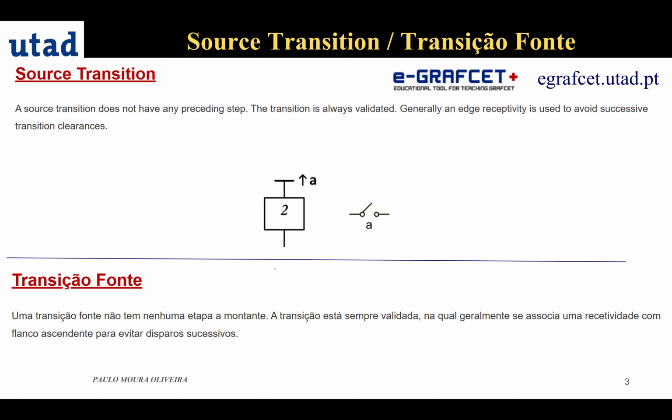This is an example that you can find in the GRAFCET at this link here. We are going to see the demo. Every time, you have to remember what a rising edge is. The variable A, like a switch, is a normally open contact. When the variable changes between 0 and 1, this is the rising edge.